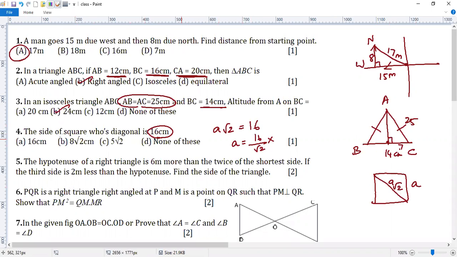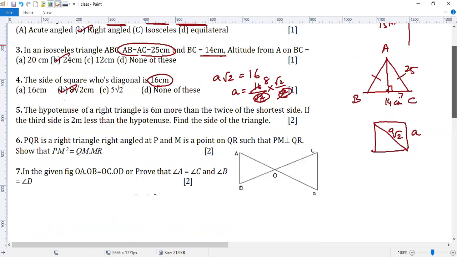So I can rationalize it by multiplying root 2 by root 2. What will you get? This is 16, root 2 into root 2 below gives 2. So you can cancel it with 16, 8 times, so 8 root 2 will be your answer. Answer is option D, 8 root 2. Question number 4 is option B, 8 root 2.